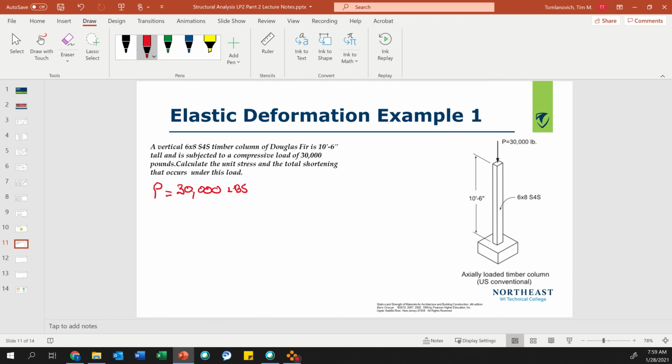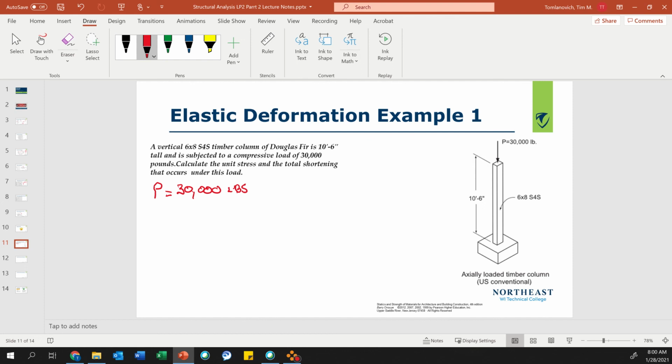If I go to table A1-B, a nominal 6x8, because they say nominal. You go to a lumberyard and call it a 2x4, but you know it's actually 1.5 inches thick by 3.5 inches wide. So it's important that you understand that. We don't want to calculate the area as 6x8, which is 48 square inches, versus the actual dimensions. My area is actually smaller, so my stress is going to go up.